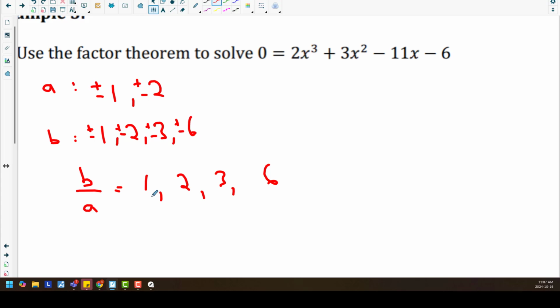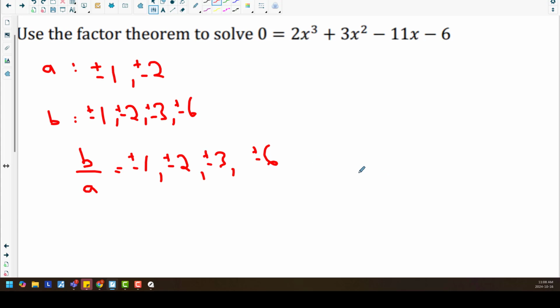And I'm not going to write the over 1 part because divided by 1 just gives us those values. So there we go. And now all these values except divided by 2. So we're going to have 1 over 2, which is a half. We're going to have 2 over 2, which is technically 1. So we're kind of repeating values. So I'm not going to write that because 2 over 2 is just 1, and we already have that.